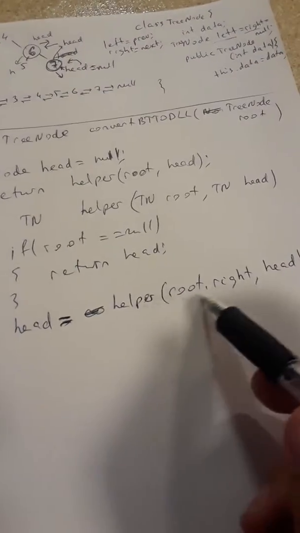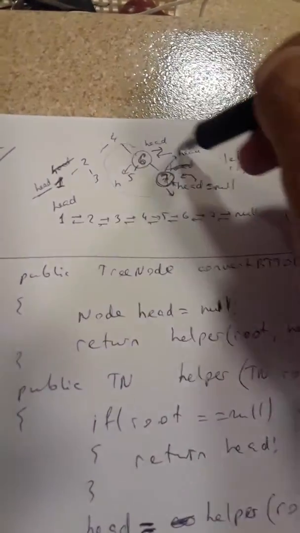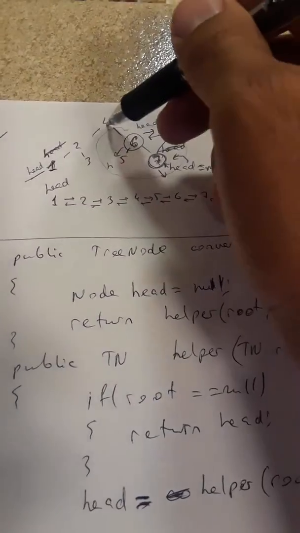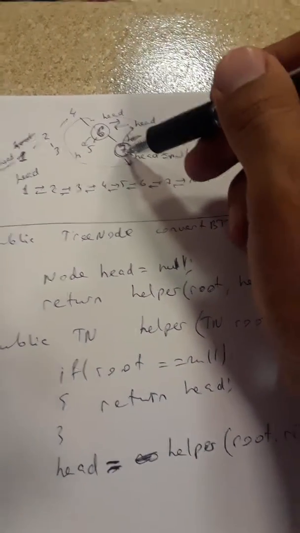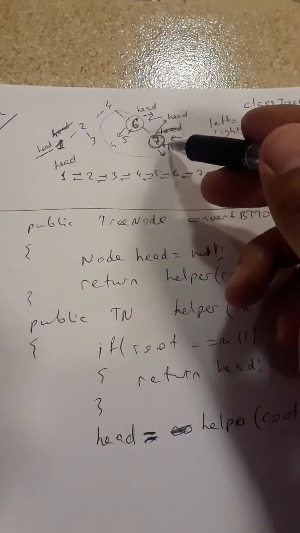So basically here we're calling on the right subtree of our tree, and each time we will go to the rightmost node, and after that we will define our head, and after that we will be moving our head to the left.